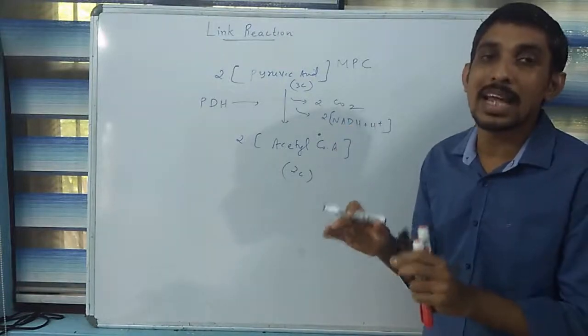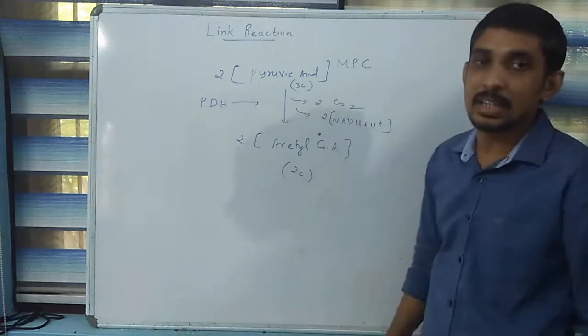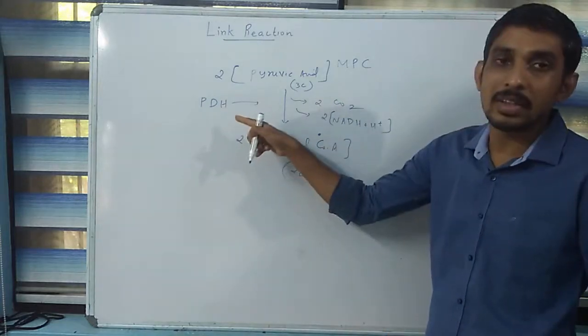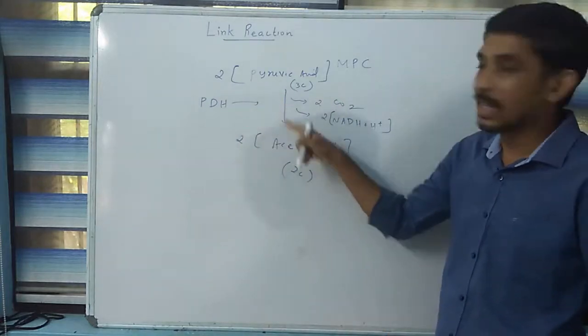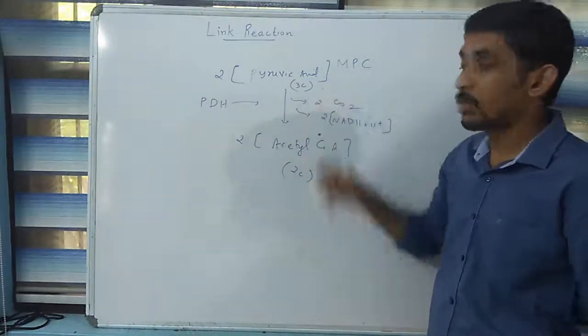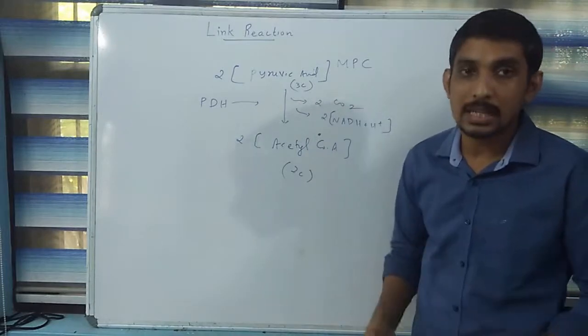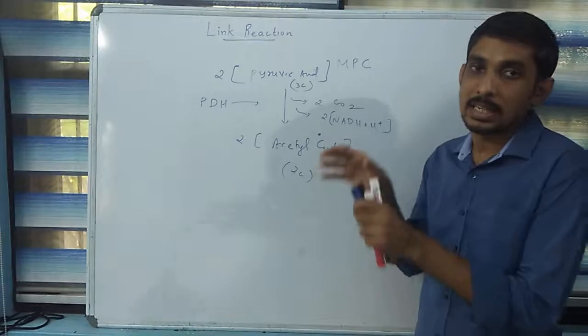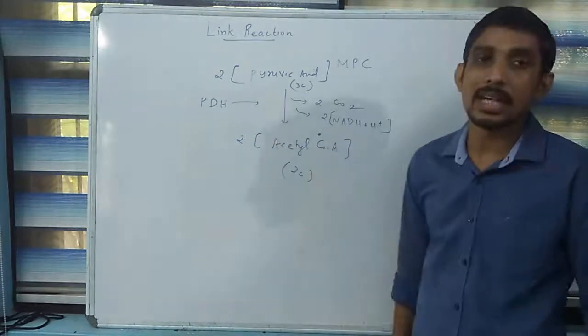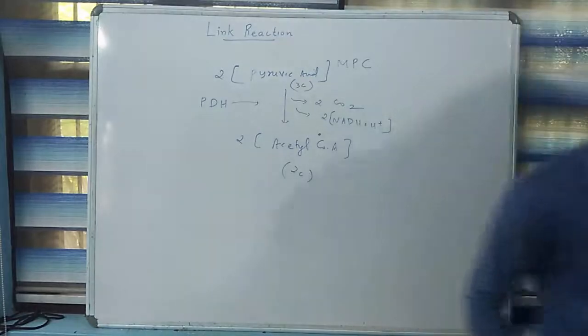Actually, it is an enzyme complex. If we study all the details regarding this enzyme complex, then we will get the whole idea about the conversion of pyruvic acid into acetyl coenzyme A. Next, I am going to explain that detailed topic regarding the enzyme complex, that is pyruvate dehydrogenase complex.